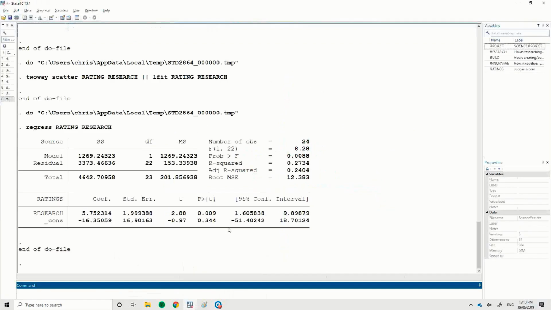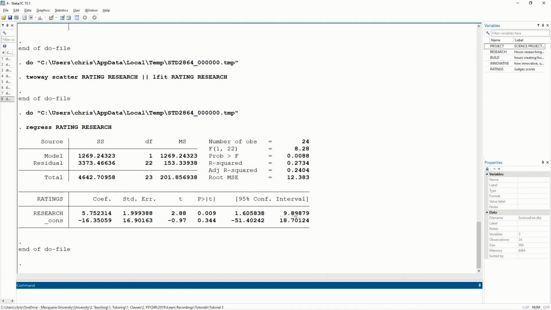Now, as a rule of thumb, if the null hypothesis falls in this confidence interval, and remember for regression, the null hypothesis is that our coefficient, our beta, equals 0. If this range of scores includes 0, you'll get a non-significant finding. Because what this means is you can't say with 95% confidence that the null hypothesis is not in the data.